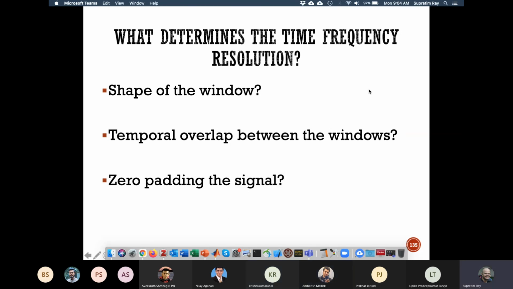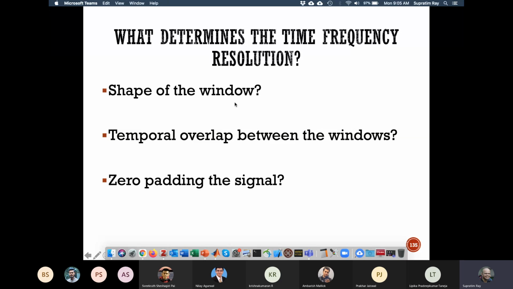Okay, so we were talking about time frequency analysis. We talked about temporal overlapping and zero padding in the previous class. There's this one question about the shape of the window, whether the type of window that you use affects the time frequency resolution.